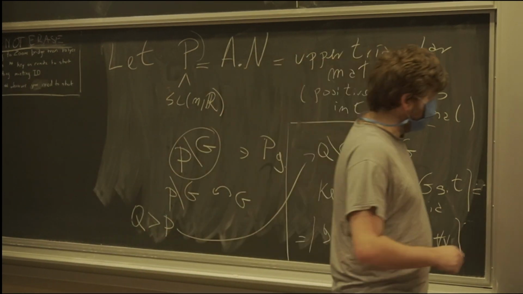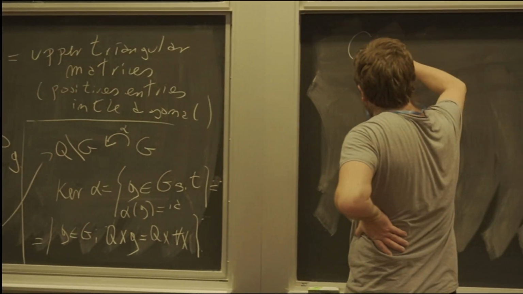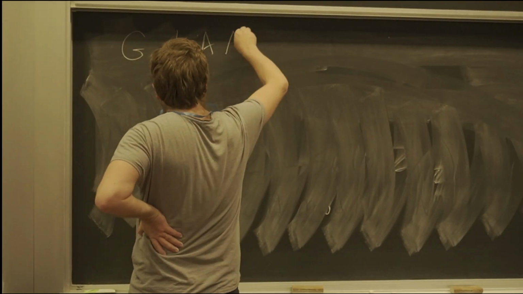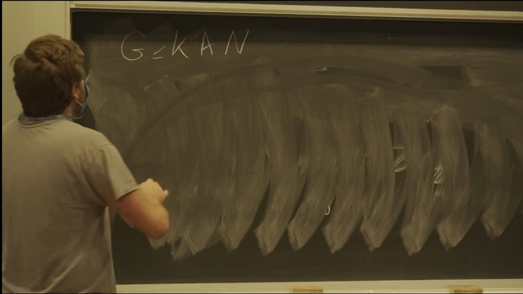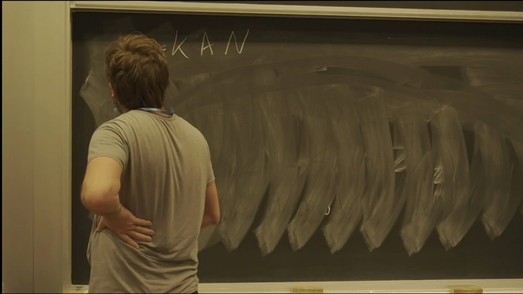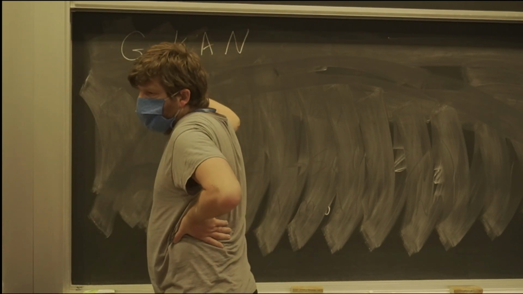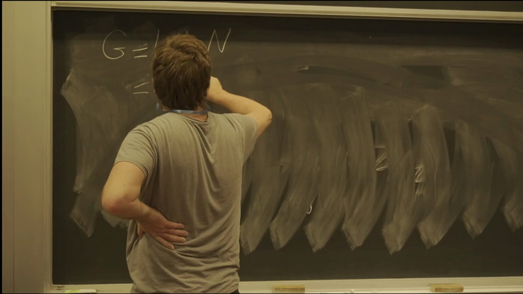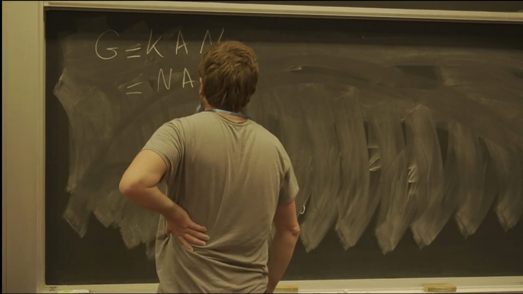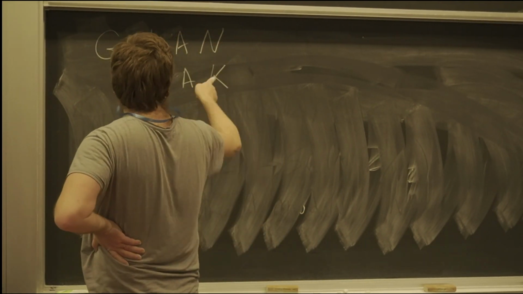So, as we said before, G can be written as K times A times N, and this decomposition is actually unique. It's not so important for what I'm going to discuss, but any element in G can be written uniquely as a product of a little k, little a, and little n. Now, by taking inverses, you can write it as well as n times a times k.